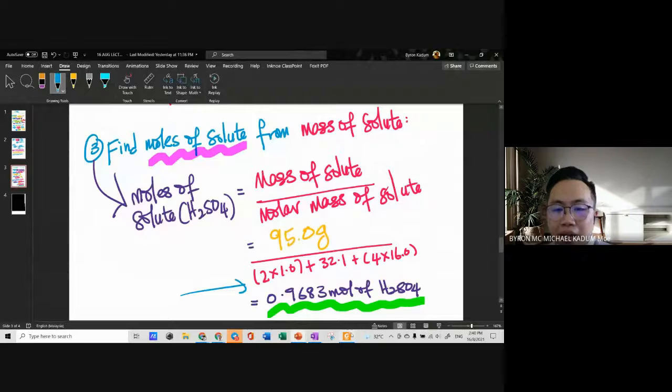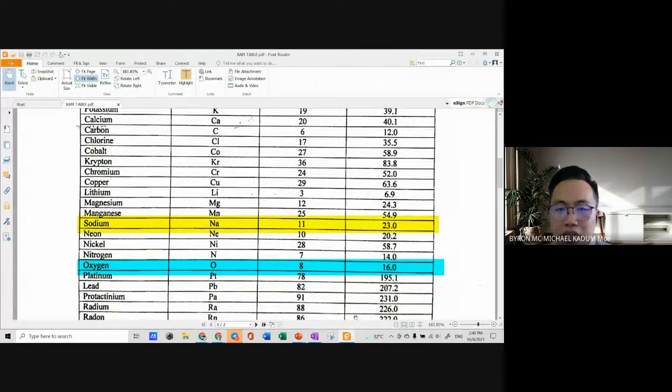Okay? Don't memorize. Use this. This is going to be given to you in exams. Do not memorize the molar mass of your compounds. For example, water. I do know that the molar mass of water is 18, but it's better for you to always go back to this piece of information and you will not get it wrong.